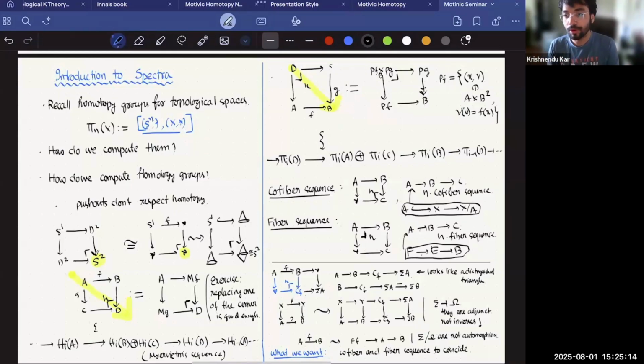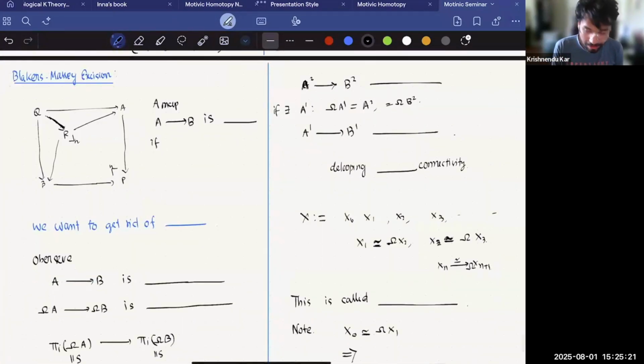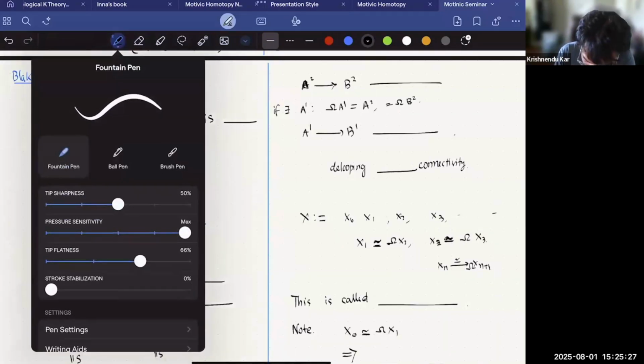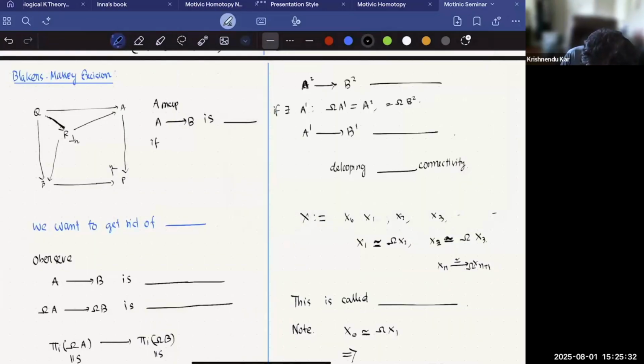and they do coincide modulo some obstructions. Let's look at that, and that is called the Blakers-Massey excision theorem. Let me introduce that. Before that, a map A to B is called M connected.